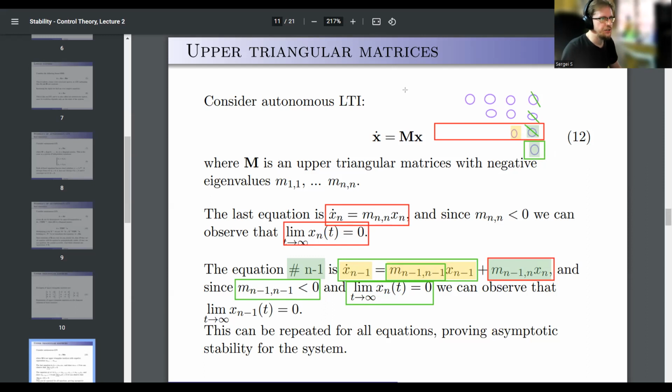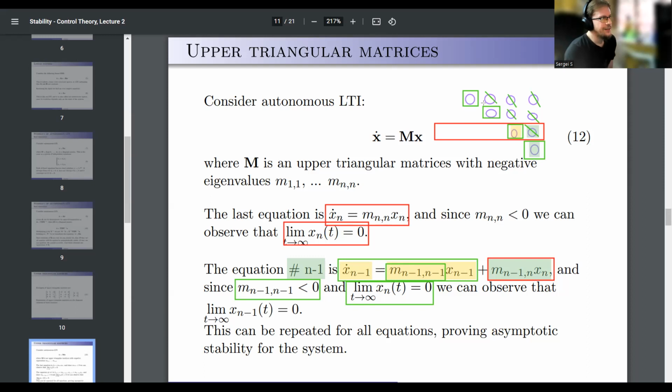Then we show that these guys go to 0, so all elements on top make no difference. Then you would show that this goes to 0, then this makes no difference. And then ultimately you show that this goes to 0. That's how you go. Very similar to Gaussian elimination, etc. All those things.